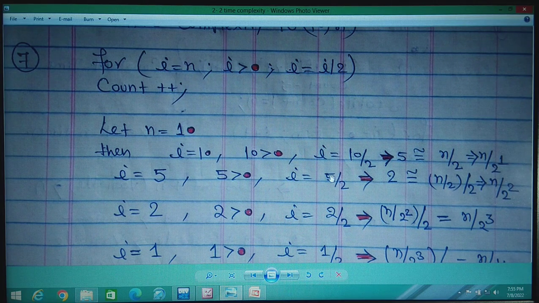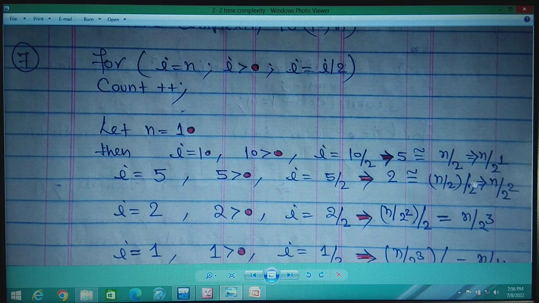So i is equal to 5 upon 2, because i is 5 and the condition is i is equal to i upon 2. So 5 upon 2 is equal to 2. Why? Because i is an integer, you have to take only the integer. So i is equal to 2. Now in place of 5, we have written n upon 2. So this n upon 2, in place of 5, you can write n upon 2.